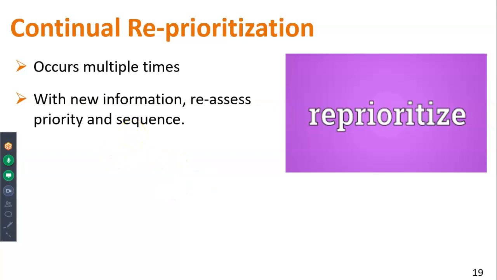Continually reprioritizing. So many people in so many circumstances would like to think that much of this should be one and done kinds of things, that we should make a decision and go forward. And the goal here, and certainly the emphasis in an agile environment, is that our decisions are always subject to reasoned reassessment.